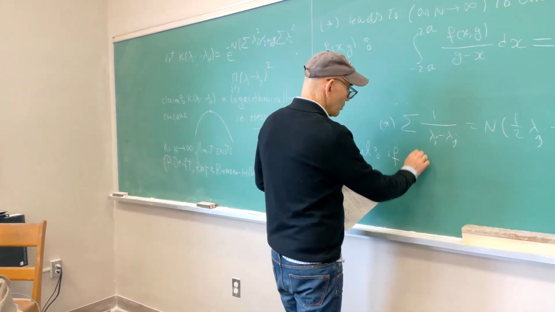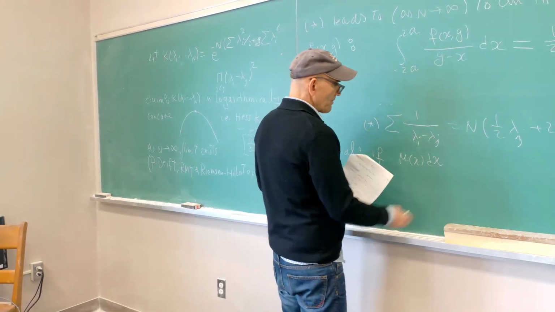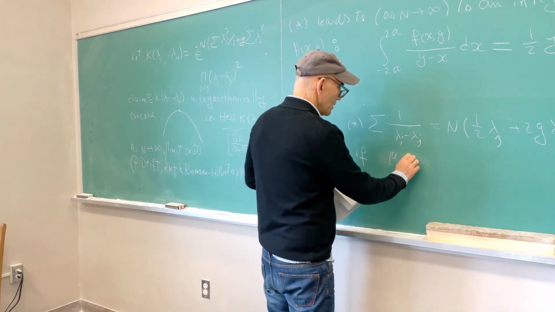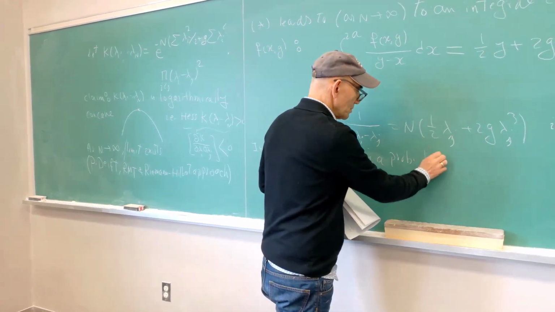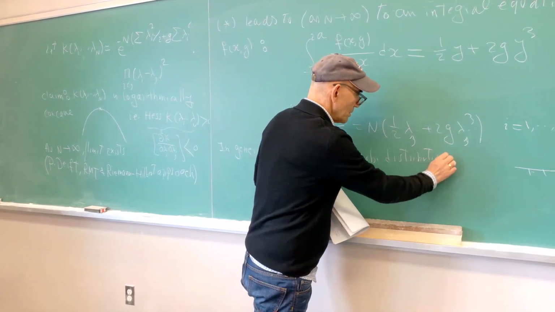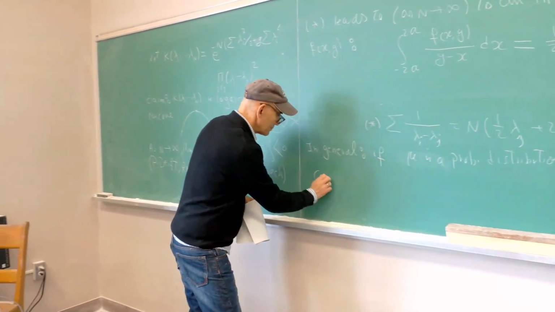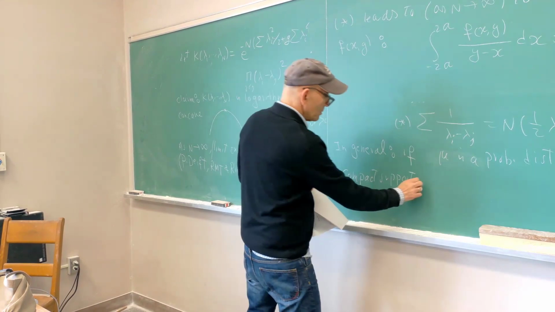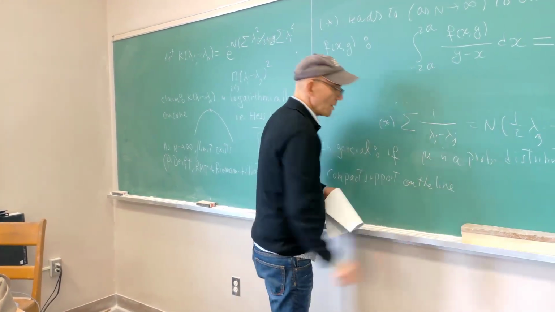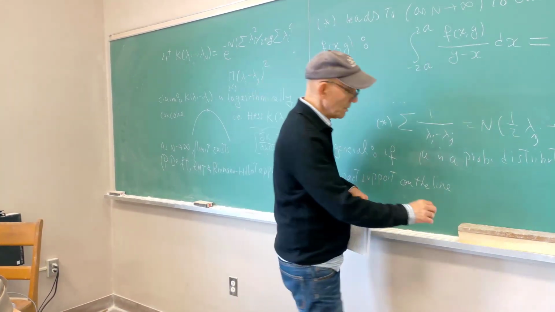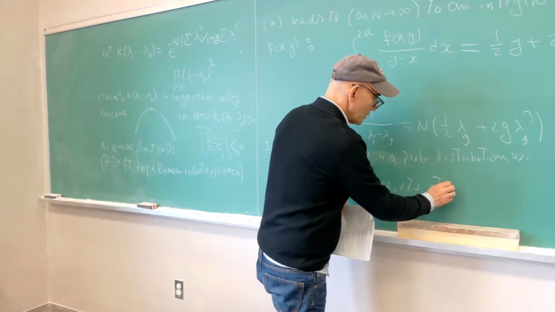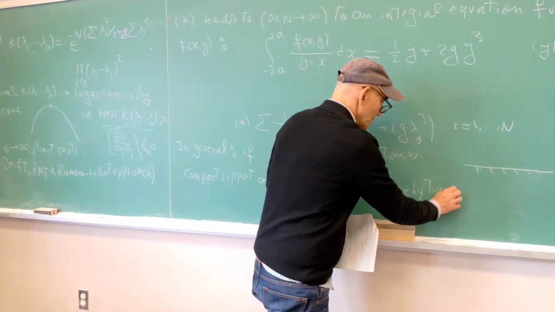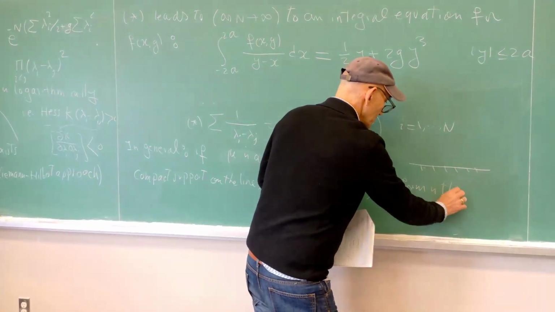If mu of x dx, if mu is a probability distribution with compact support on the line, its Cauchy transform is the holomorphic function.